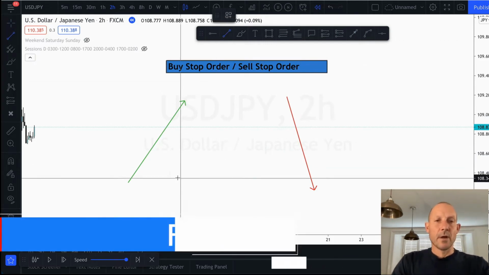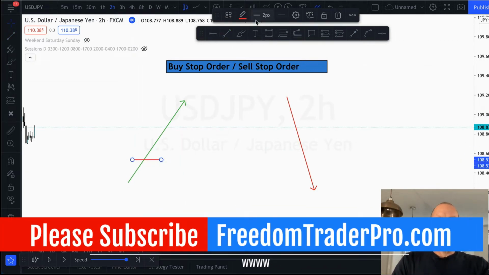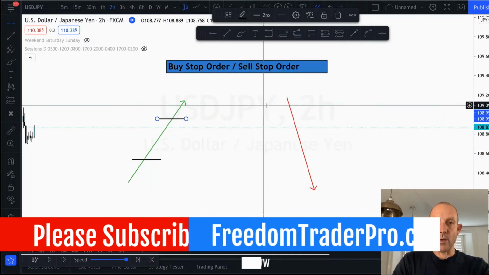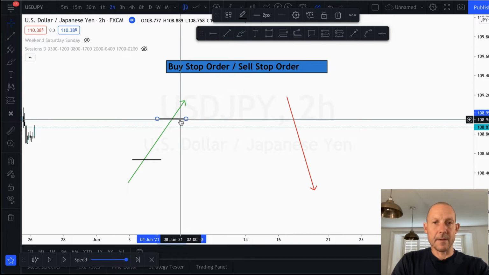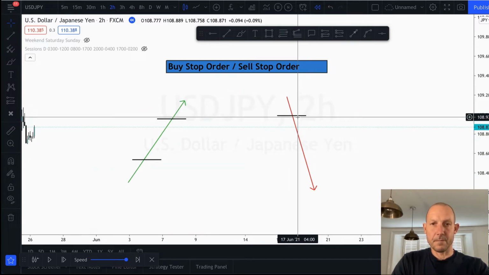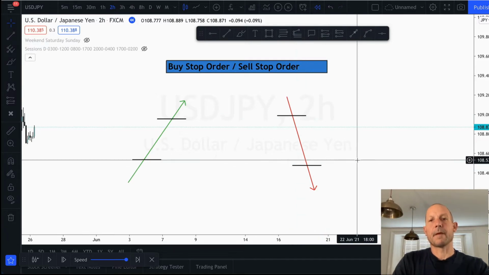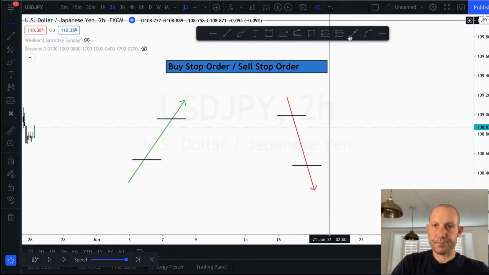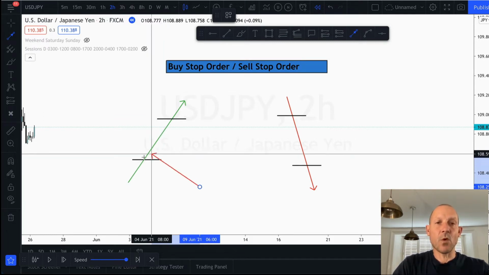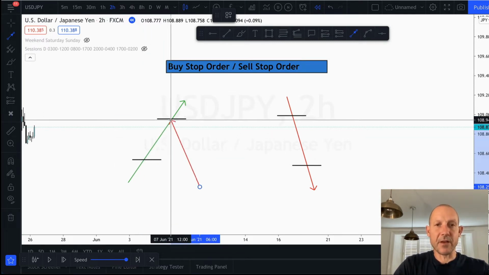Okay, so I'm going to make this black for the time being. Let's just say we had this scenario. Let's just say price was here, and price is moving in an upwards direction.